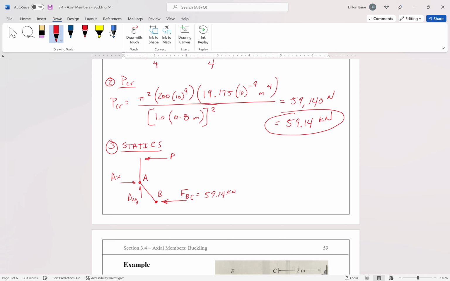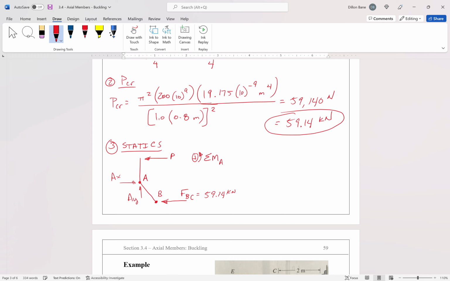Not trying to wail on the statics here too much, but all we have to do is take our moments about point A, set it equal to 0, and back solve for P. So if we sum moments about point A, obviously AX and AY will cancel.